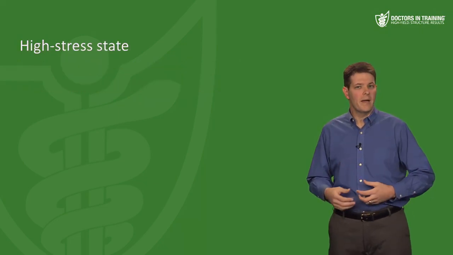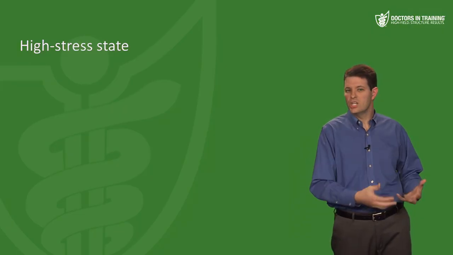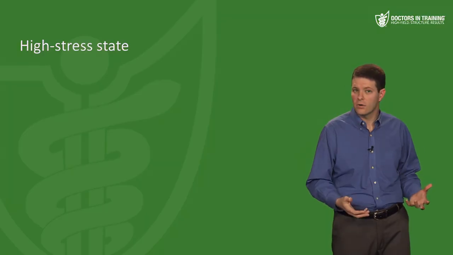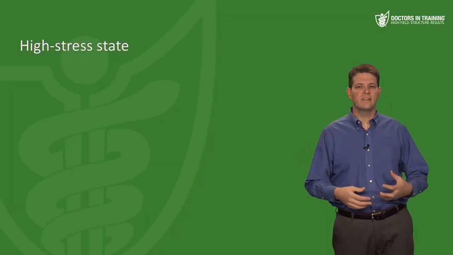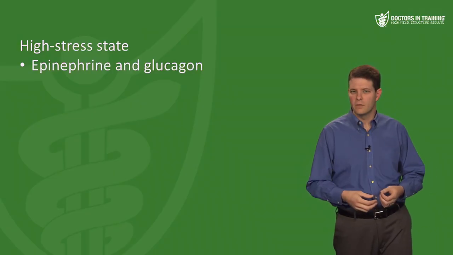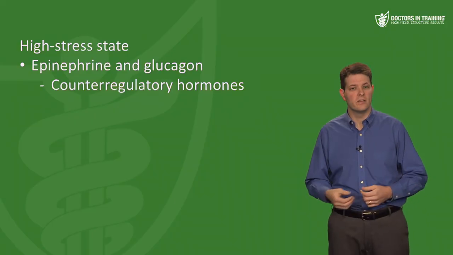Now, on the other hand, imagine you're in a high stress state, a fight or flight state, where you need to share glucose. So what organ shares glucose? Primarily the liver. So your body communicates a high stress state by releasing epinephrine and glucagon. These hormones are known as counter-regulatory hormones because they do the opposite of insulin.